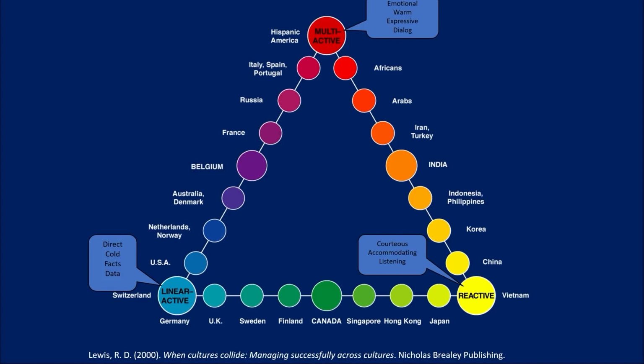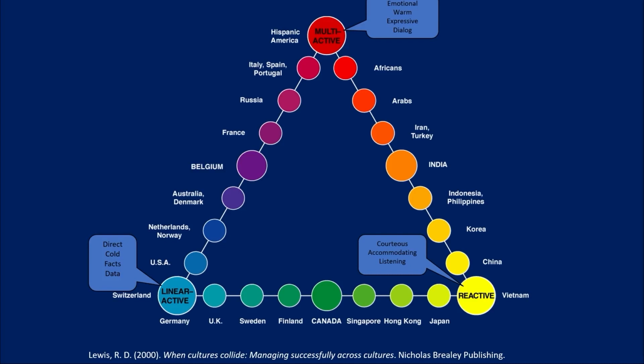So, for example, in the United States, in Europe, Western cultures, we tend to use this linear active communication style. It tends to be more direct. The words are the foundation, so we pay attention primarily to the words. We interpret what's being said based on the words. So we are more cold, fact-based, more data-driven, which is just a style.